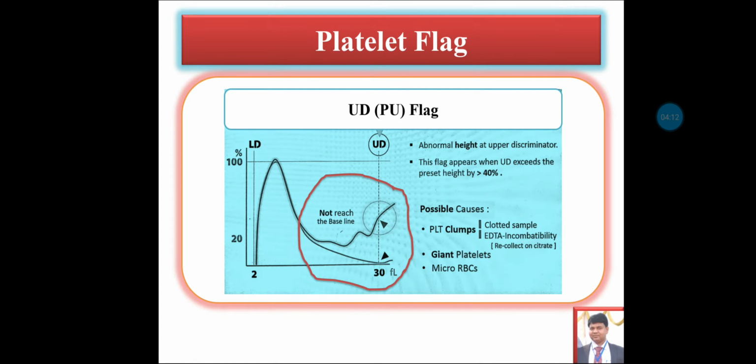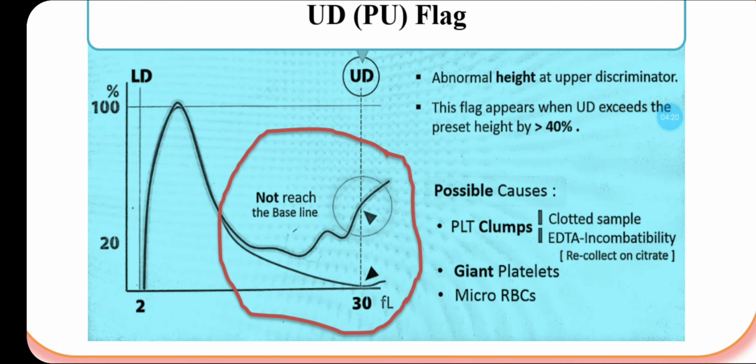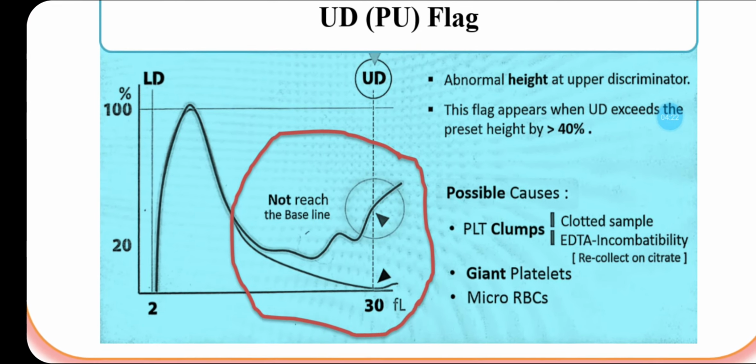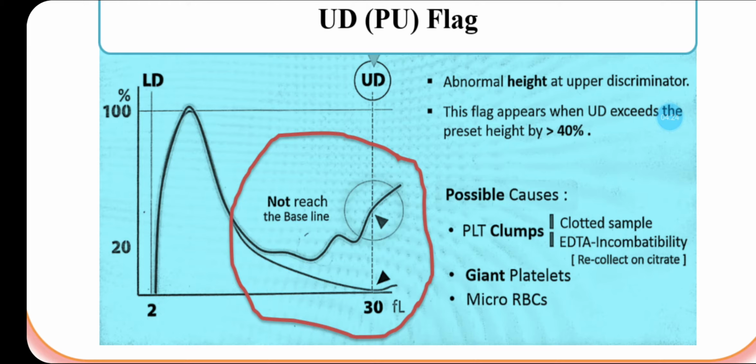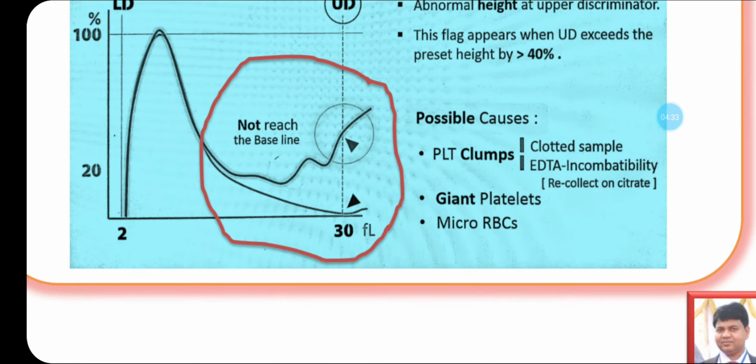The second flag is the upper discriminator flag, also called the PU flag, or platelet upper discriminator flag. In the curve, you can appreciate that the curve is not ending at the baseline, and it exceeds the upper discriminator height by more than 40%. The possible causes are platelet clumps, especially clumps induced by the anticoagulant EDTA.